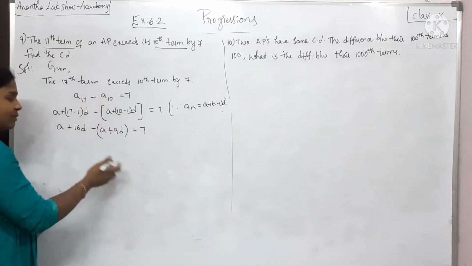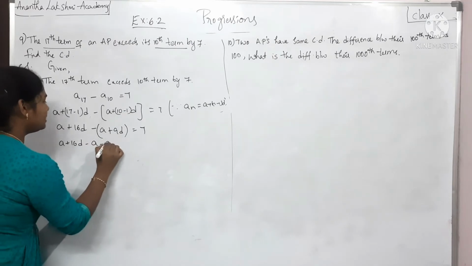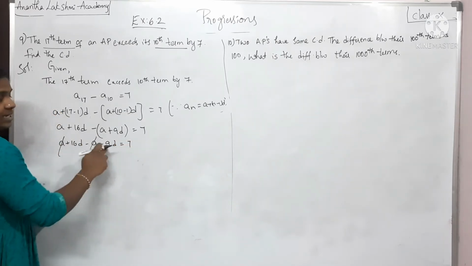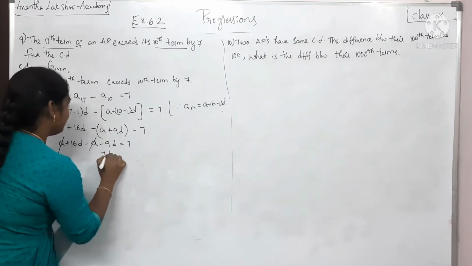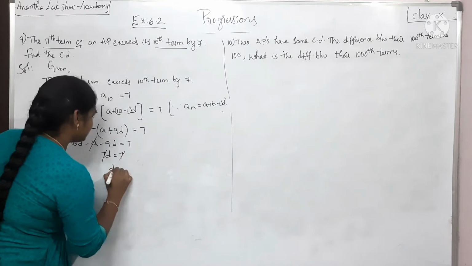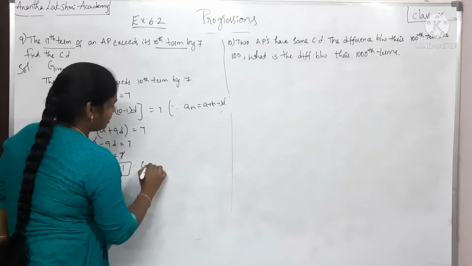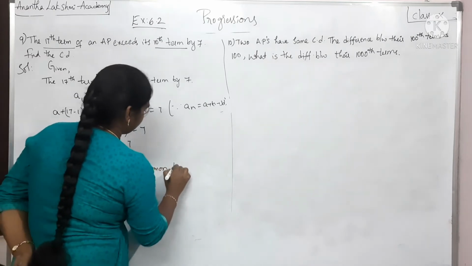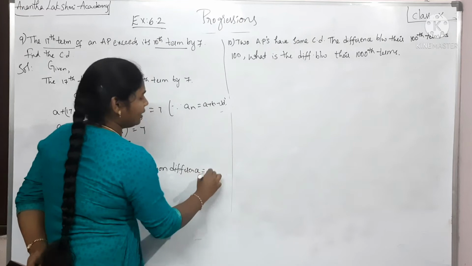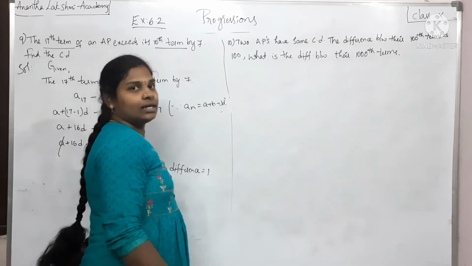Now let me take this minus inside. A plus 16d minus a minus 9d is equal to 7. A gets cancelled. 16 minus 9 is nothing but 7d is equal to 7. 7 gets cancelled. So d becomes 1. Therefore, the common difference is 1. Okay, that's about problem number 9.